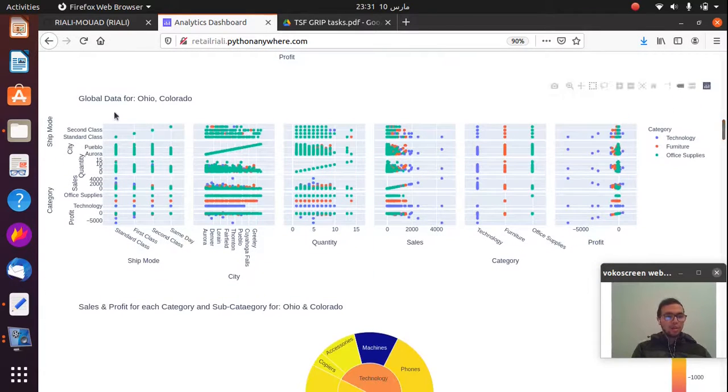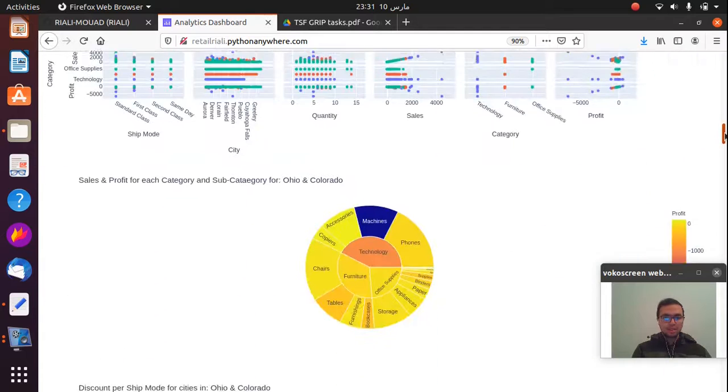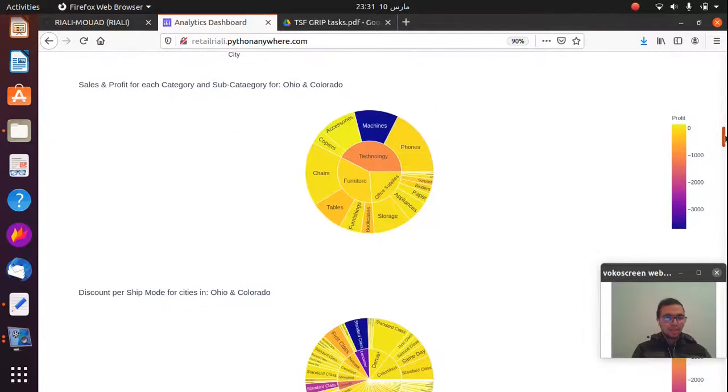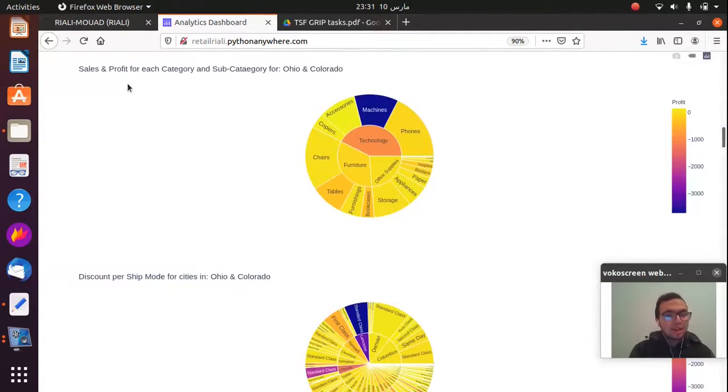Here we have some global data for Ohio and Colorado, so we will not waste time on it, because it will take a lot of time.